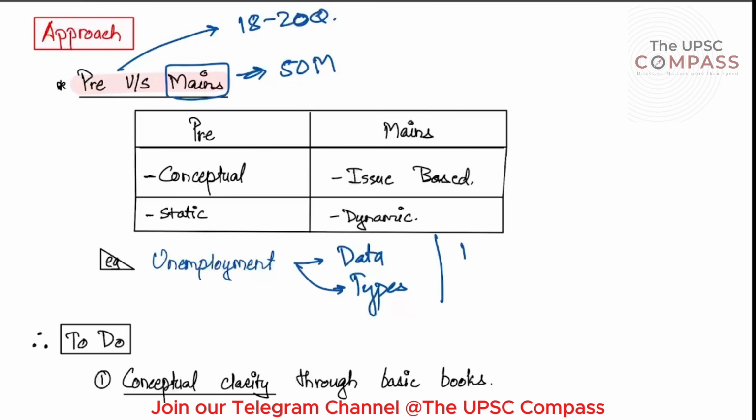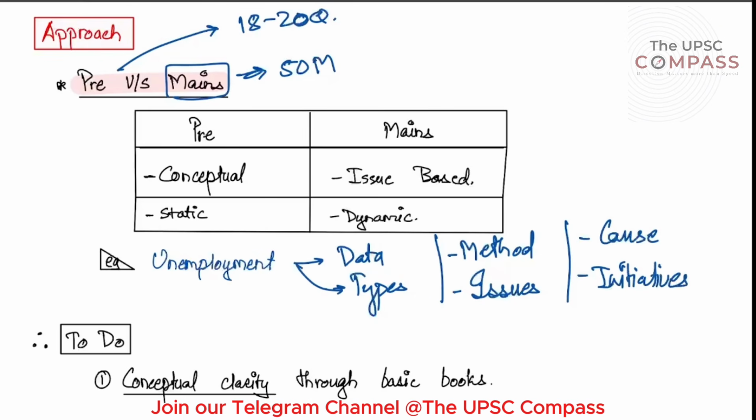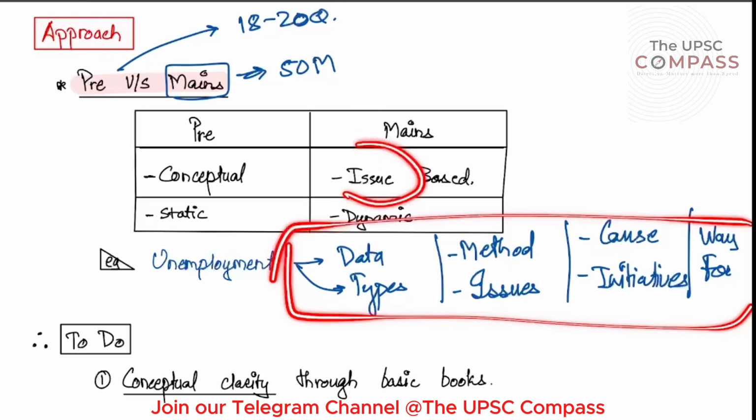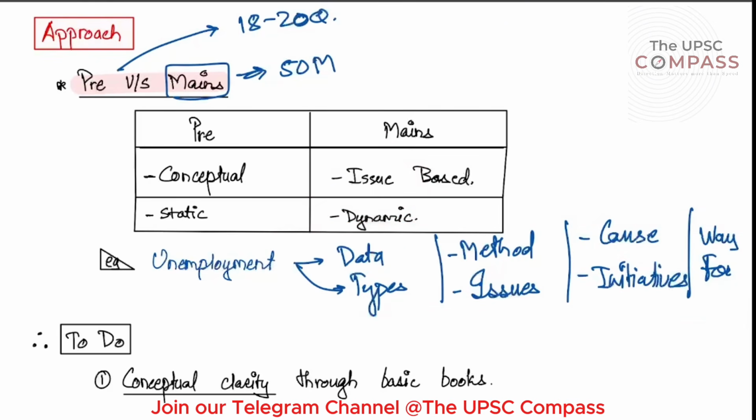Similarly, what is the methodology that the government uses to calculate it, what are the issues with this methodology, what are the causes of unemployment, what are the various initiatives taken by the government, and lastly, what is the way forward. So in short, you are covering the whole topic, the various dimensions of the issue, and also including the current affairs part of it.